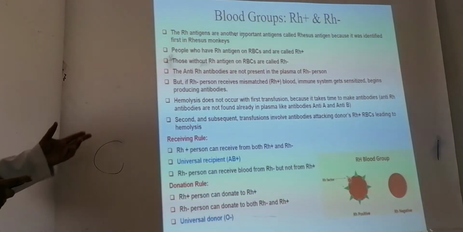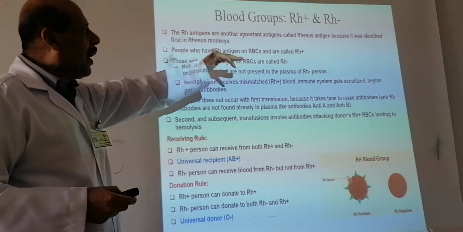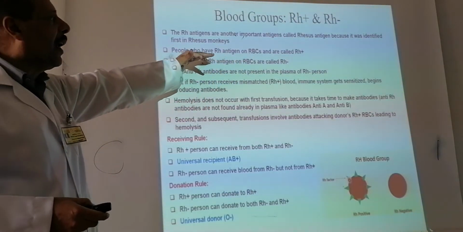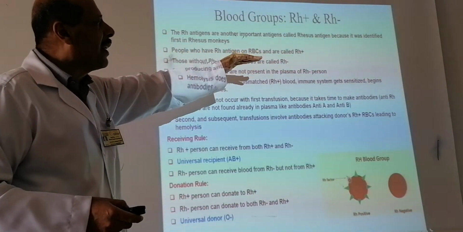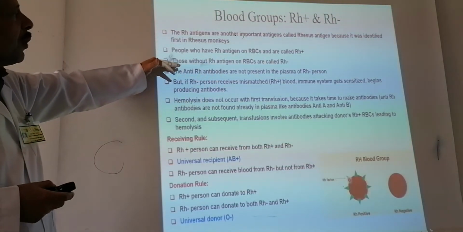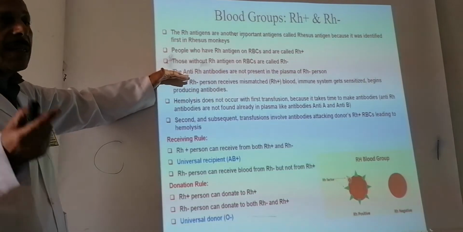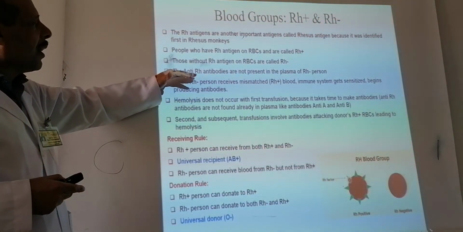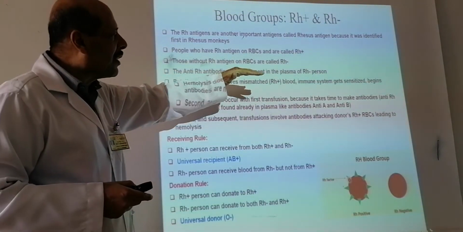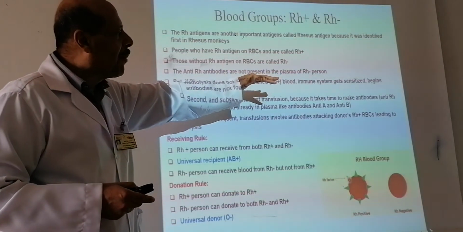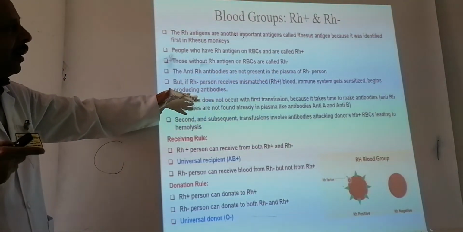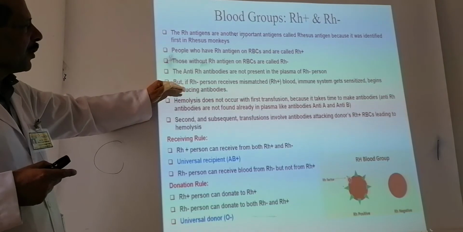So, as we said, people who have Rh antigen, their RBCs are called Rh positive. Those without Rh antigen, their RBCs are Rh negative. The anti-Rh antibodies are not present in the plasma of an Rh negative person.